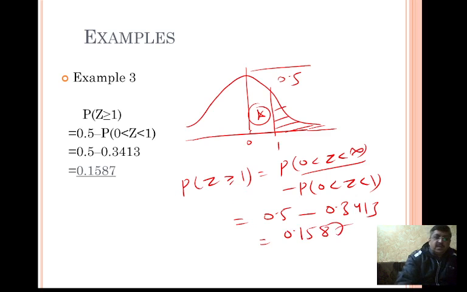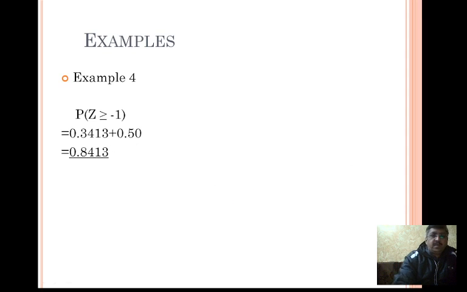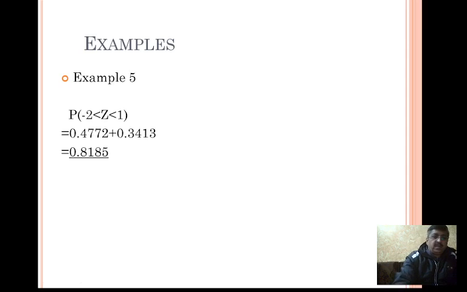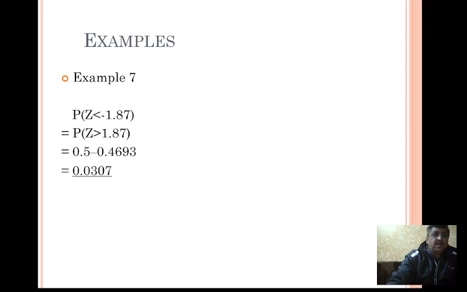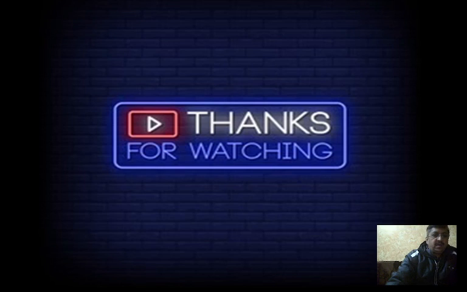This is another example. Similarly, we have examples like probability of z less than or equal to -1 will look like this. Probability of z from -2 to 1 will look like this, and probability of z less than or equal to 1.87 will look like this. This is all an assignment for you to understand the basics of this. Take a note on it.